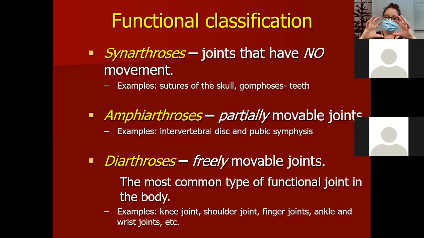Your pelvis is joined together both by fusing to the sacrum, but in the front, it has that very small piece of fibrocartilage called the pubic symphysis that actually has a little bit of movement to it, which is essential in giving birth, and well, mostly just for that. But it does have some movement. So that's an amphiarthrosis. And then you have your freely moving joints, which are diarthroses.